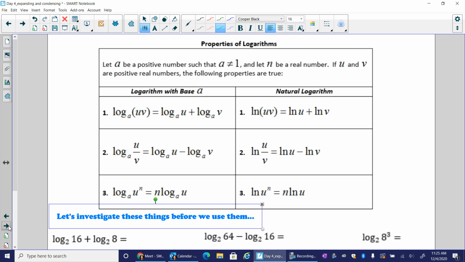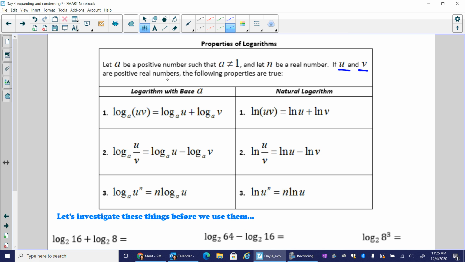And u and v are positive real numbers. So these rules are really important here that are written at the top, that the u and the v, the argument of the logarithm, do remain positive. And we've looked at the graph of these logarithms already. So we know that there's a vertical asymptote on a non-translated logarithm function.